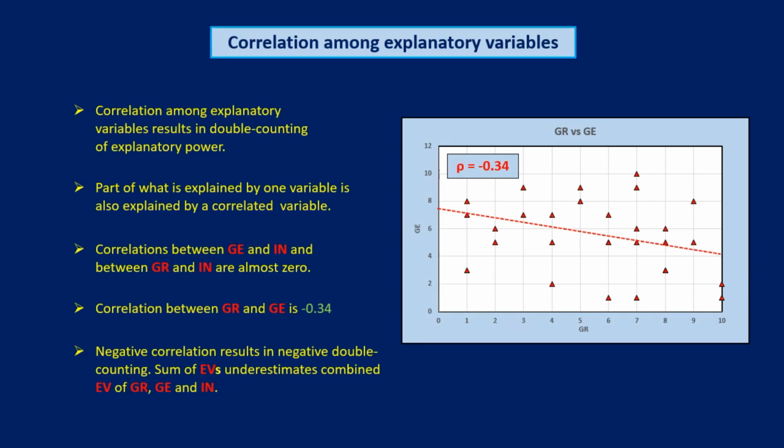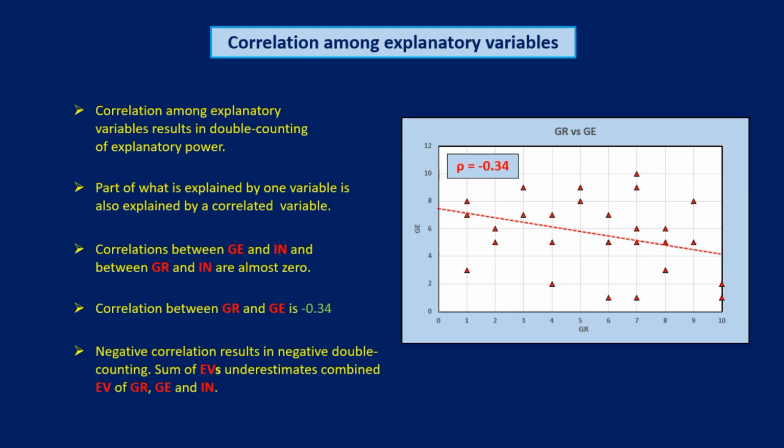Perhaps that's because the weaker our rider is genetically, the harder he pushes himself to compensate. But whatever the explanation, the result of the correlation is that summing the three individual EVs gives a biased estimate of their combined EV. And as we shall see, because the correlation is negative, this bias underestimates the combined EV.